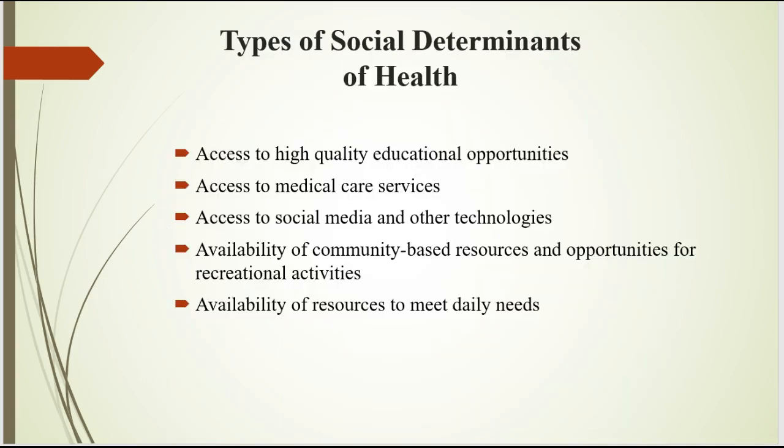Now, in slide 11, there's a number of different types of social determinants of health that are listed. The first one being access to high quality educational opportunities. Individuals with access to consistent high quality educational opportunities are really more likely to obtain higher income jobs and complete undergraduate and graduate studies, which helps them get these higher paying opportunities.